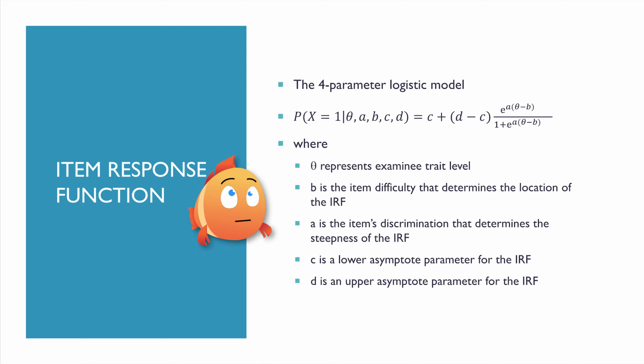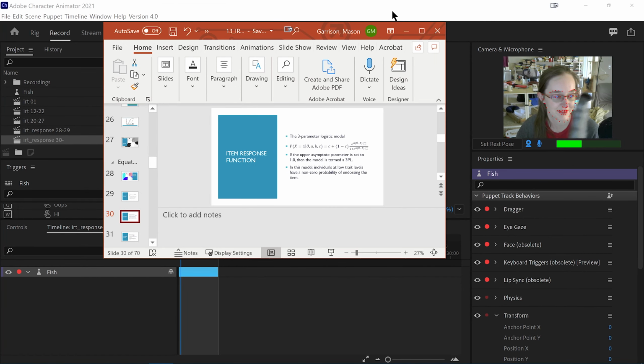That difference is multiplied by the logistic function, e to the a times theta minus b. I'm not going to expect you to be able to crawl deeply in here, but the idea is that there is a mathematical function that maps out all of these parameters.